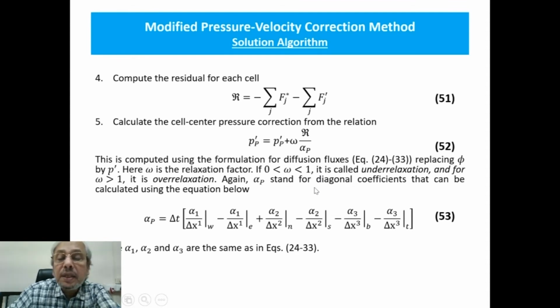And alpha P stands for the diagonal coefficients that can be calculated using alpha P equal to delta t, alpha 1 by delta x1 at the western surface, minus alpha 1 by delta x1 at the eastern surface, plus alpha 2 by delta x2 at the northern surface, minus alpha 2 by delta x2 at the southern surface, minus alpha 3 by delta x3 at the bottom cell, and minus alpha 3 by delta x3 at the top cell.